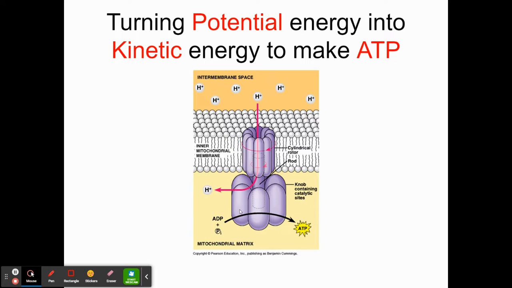And then at the bottom part, we're going to take ADP plus a phosphate, and that spinning rotor is going to put those two together to make ATP, which is a form of chemical energy. So we go from potential energy to kinetic energy to mechanical energy back into chemical energy. Whew, that's a lot of energy transformations.